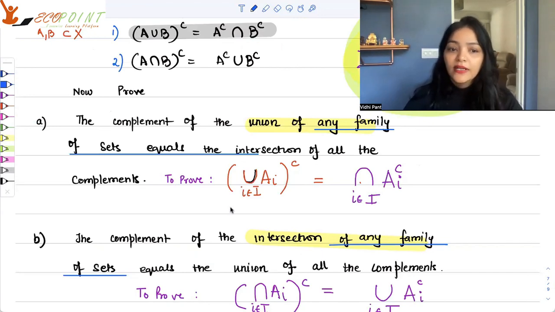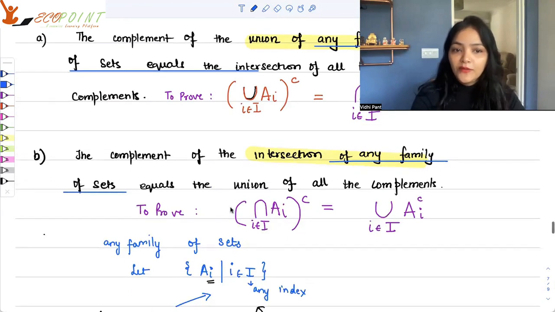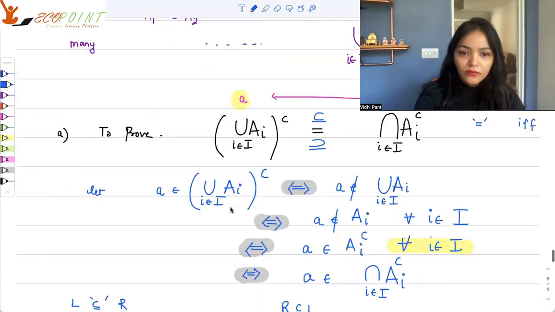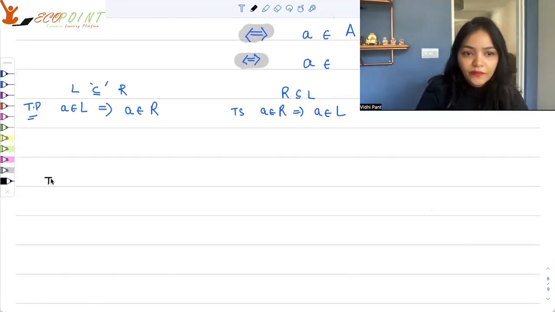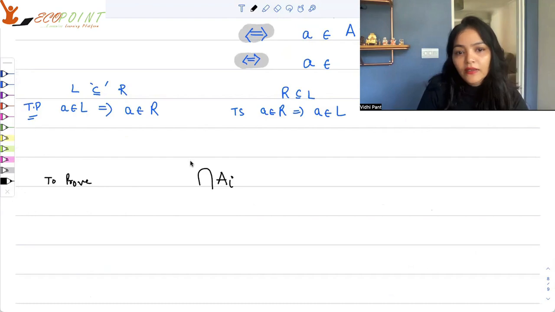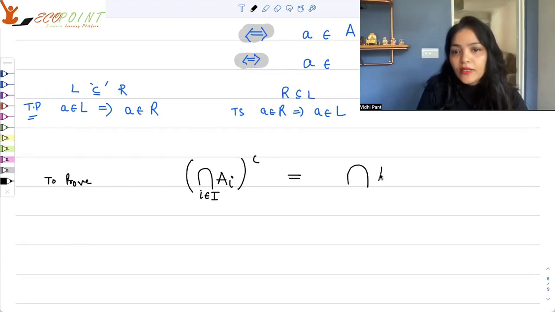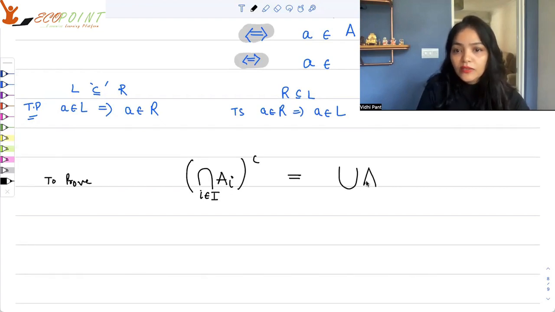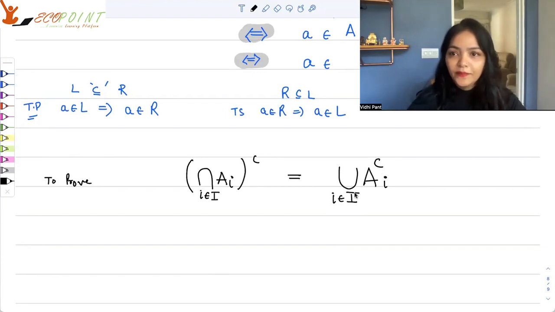The next one is the complement of the intersection of any family of sets equals the union of all complements. So we have to prove that the complement of the intersection of A_i, where i belongs to capital I, is equal to the union of A_i complement, i belongs to capital I. Okay?